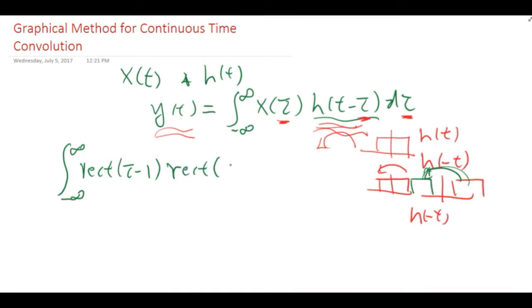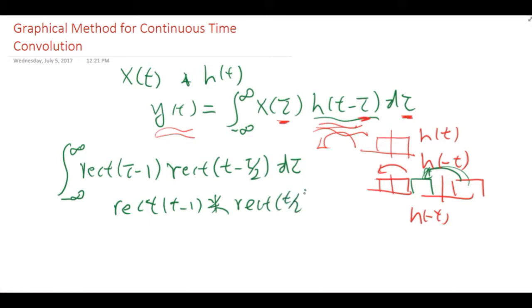Times rect of (t minus tau) over 2, d tau. So we are actually trying to find the convolution between rect of t minus 1 and rect of t over 2. The interesting thing is this one and this one.